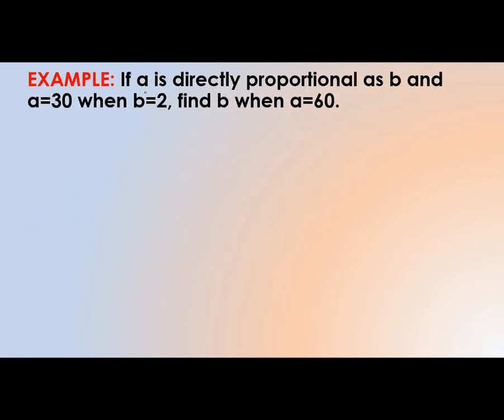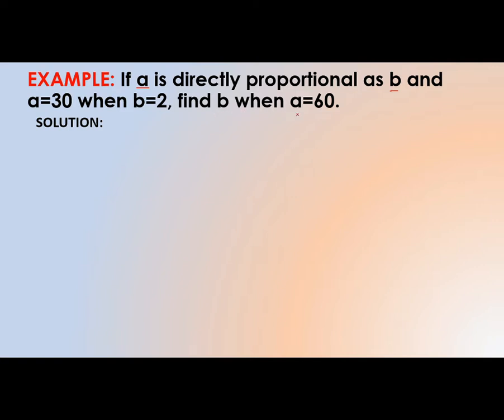The next example: if A is directly proportional to B, the phrase directly proportional is mentioned. That means it is an example of direct variation. But the difference is we use other variables. A is equal to 30 when B is 2.